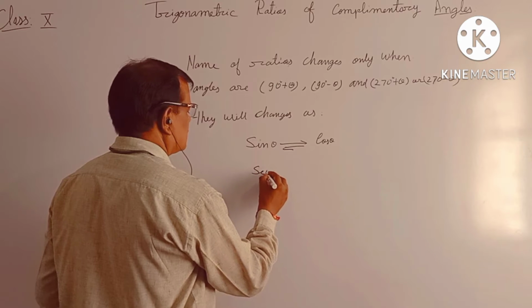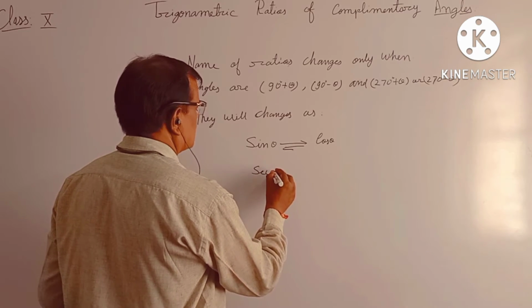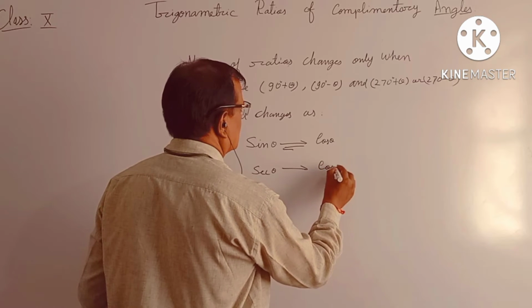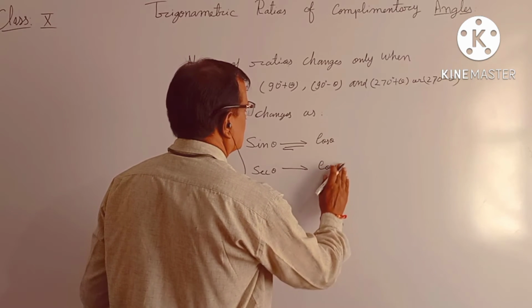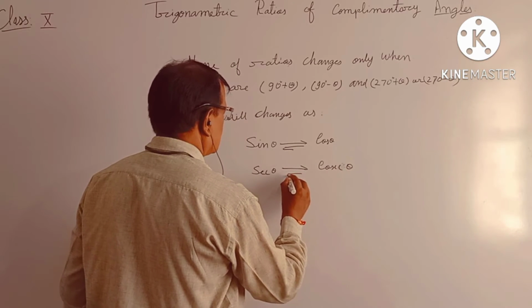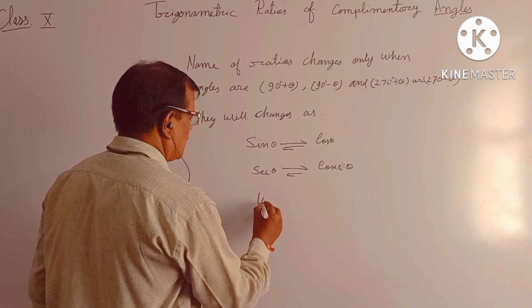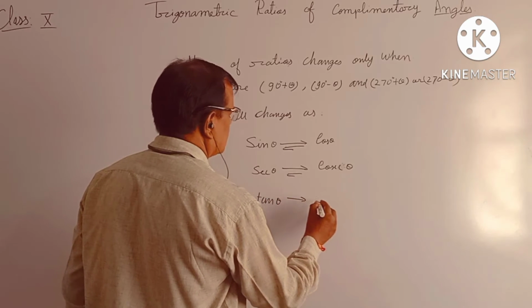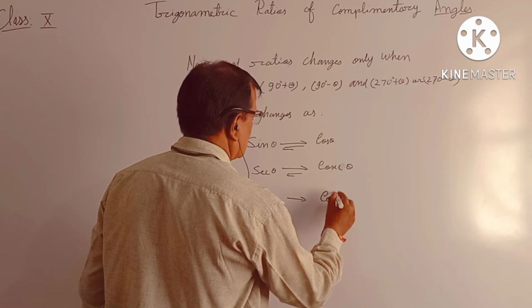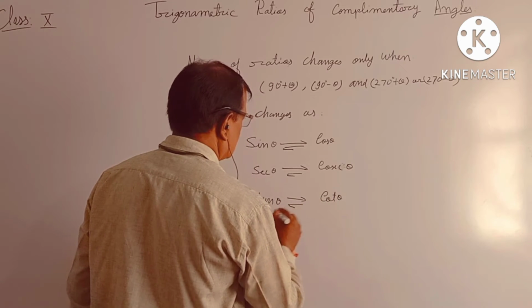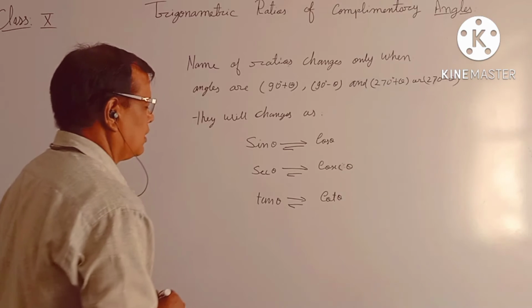Sec theta changes to cosec theta, cosec theta changes into sec theta, tan theta changes to cot theta, and cot theta changes to tan theta.